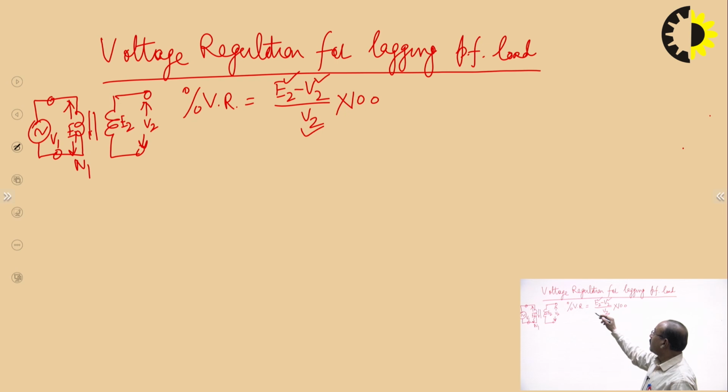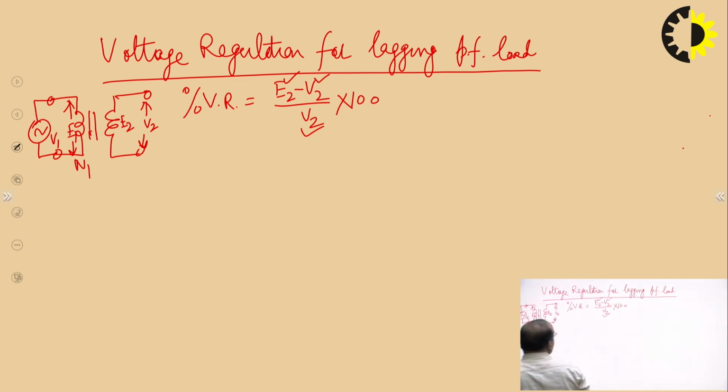So, that is why the voltage regulation is (E2 minus V2) upon V2, and if we take it in percentage, it will be given by (E2 minus V2) upon V2 into 100, which represents the percentage voltage regulation in a transformer. So, how can we derive the expression for it for a lagging power factor load?